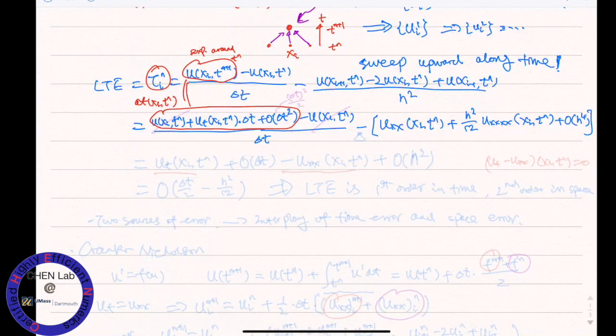And if you simplify, you see that the u(xi, tn) cancels with the u(xi, tn), and delta t cancels with delta t. We have ut at (xi, tn), plus order delta t, since the numerator is order delta t squared and you cancel with the delta t at the bottom, minus uxx at (xi, tn) plus order h squared.